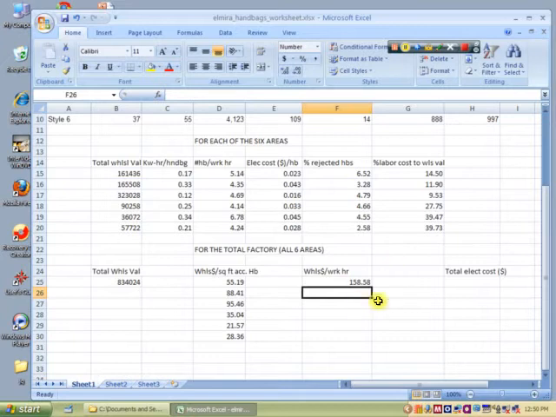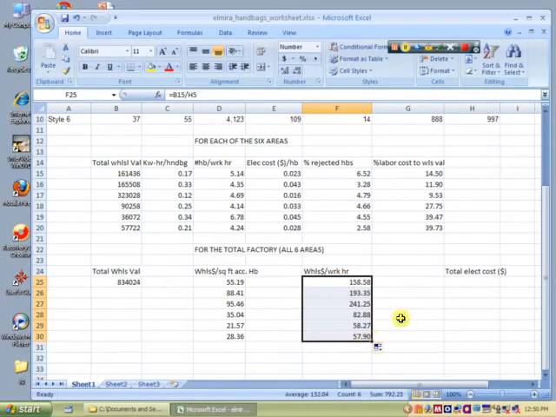And it's $158 for each worker hour. And drag that down for all 6. Looks like you pay less per worker hour for these styles than you do for these styles. I guess these are more intricate styles here.